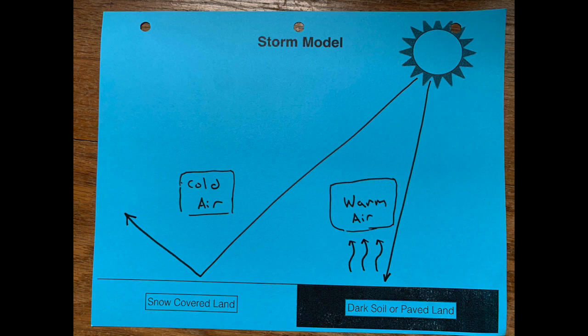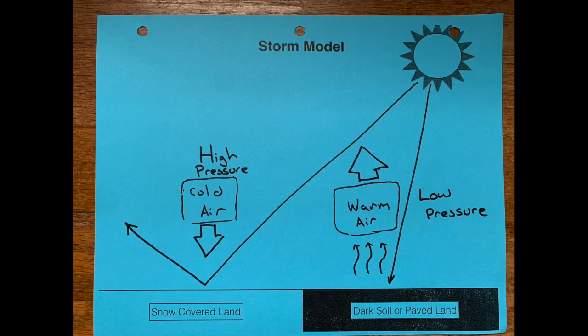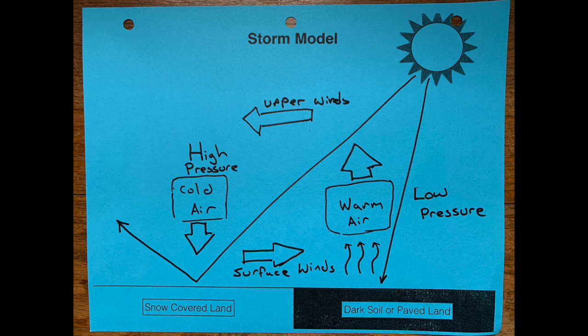And then we know that warm air rises and cold air sinks, so that causes the warm air to go up, causes updrafts, causes the cold air to sink, causing downdrafts, and then that creates areas of high and low pressure. And it also creates some surface winds and some upper winds, which are going in opposite directions.